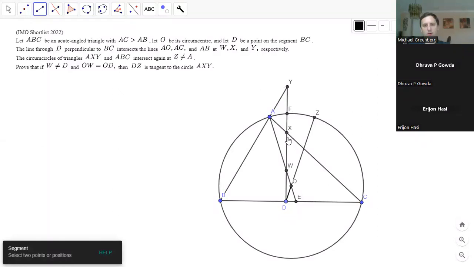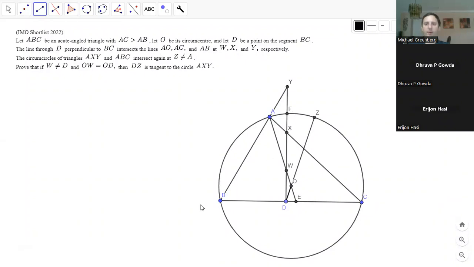Angle AYX is 90 minus B. Yeah, AYX is 90 minus B. Maybe we could show AZX is that also. We know AZ is parallel to BC. That could be helpful.